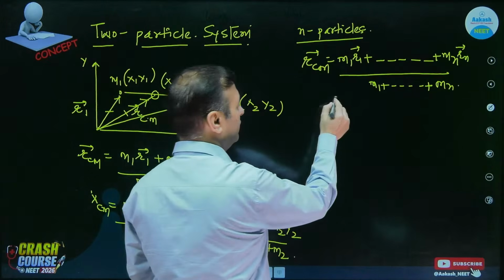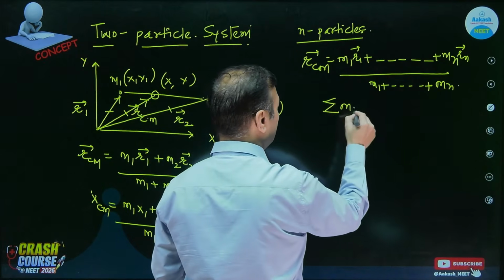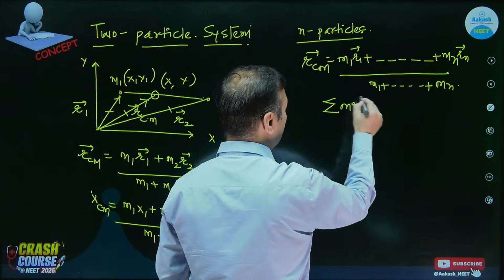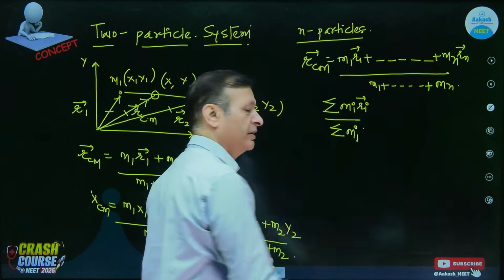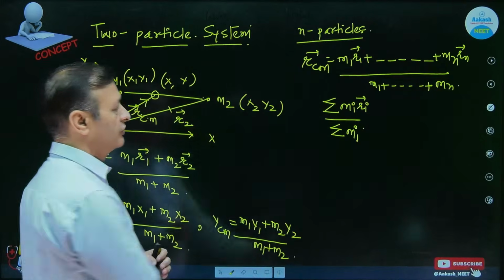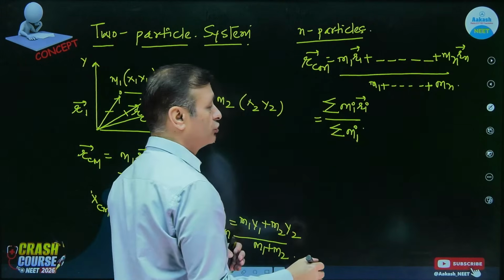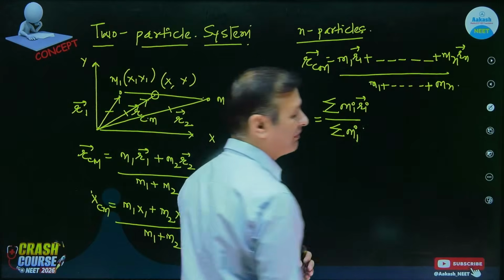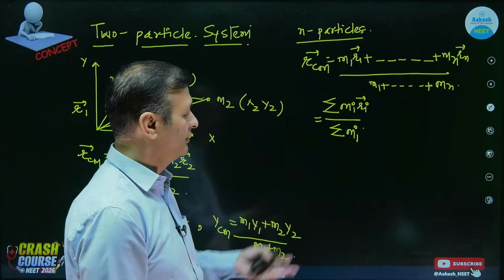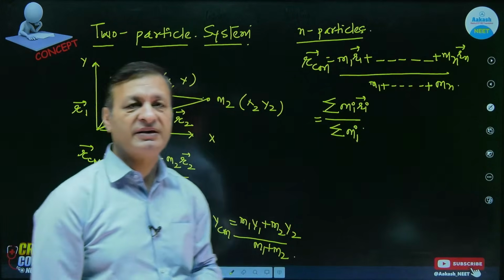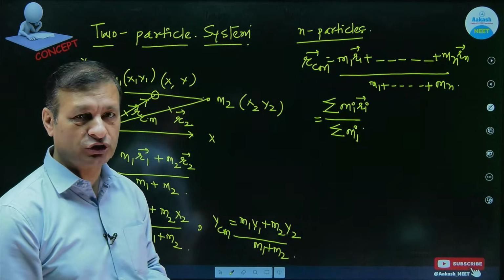We can simply put it in summation form: summation of mi ri over summation of mi. This is the position of the center of mass, and if you have a continuous distribution, the same formula can be extended to its integral form also.